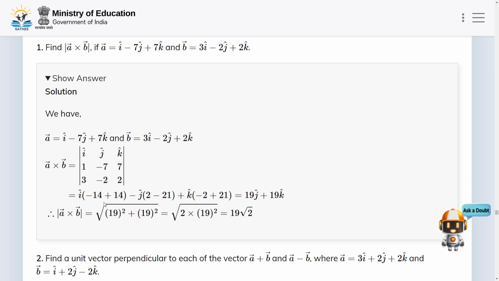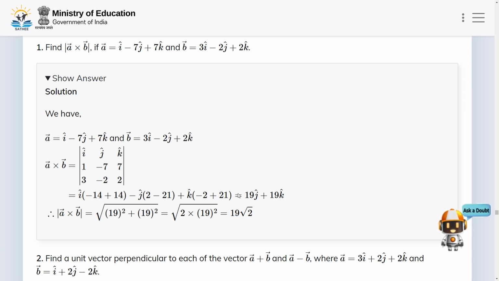So minus 14 and plus 14 will vanish. This will be 19j and this will also be 19, but k, 19k hat. So you will have your A cross B vector as 19j hat plus 19k hat.